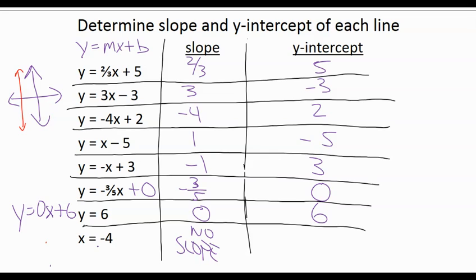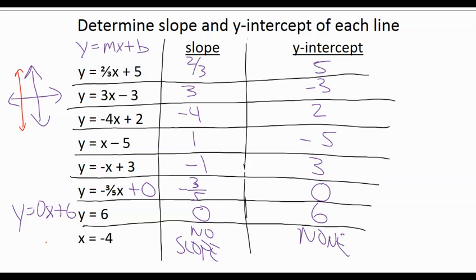So its y-intercept is none because it does not cross the y-axis. Look at the red line I drew. It doesn't cross the y-axis. It parallels it.